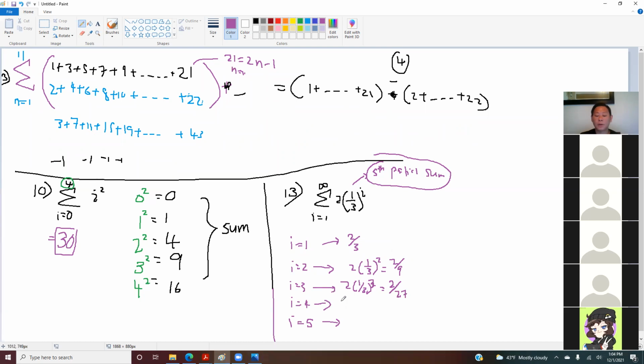The fourth is 2 over what? You can look at the pattern. The pattern is increasing: 3, 9, 27. Anyone? Isn't it 81? Yep, that is 3 to the 4th. And the last one, 2 over what for the fifth?